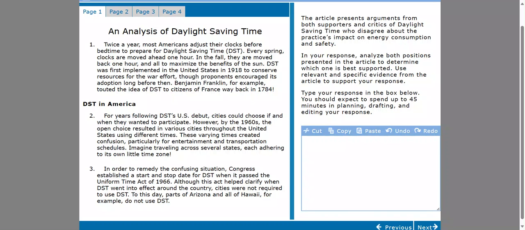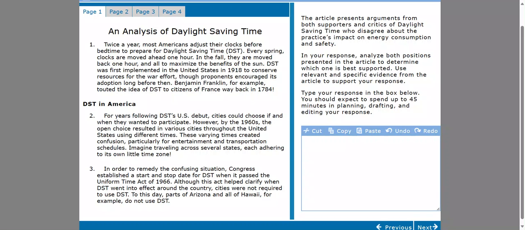Okay, so this again is referring back to how they addressed that confusion with the different cities and areas. How Congress addressed it was the Uniform Time Act, and it helped establish some sort of uniformity across the country, except for, as they mentioned in the paragraph, parts of Arizona and the entire state of Hawaii.